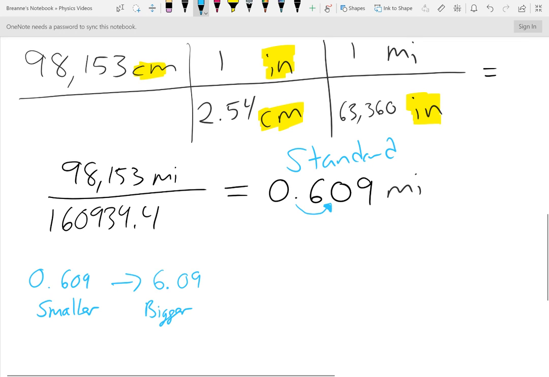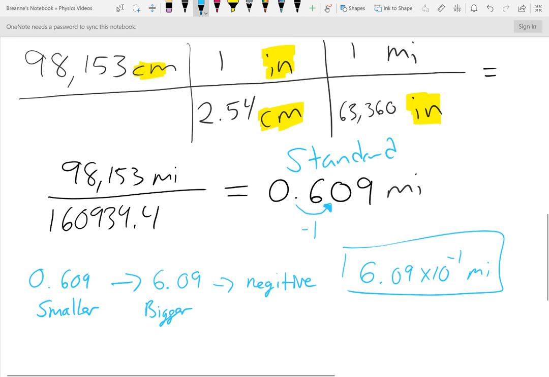So we're going from a smaller number to a bigger number. That means our exponent is negative. So we moved it once and it becomes a -1. So our answer is 6.09 times 10 to the -1 miles. And that is our answer.